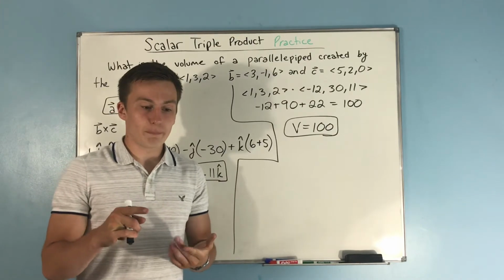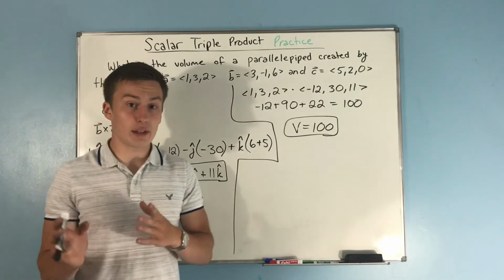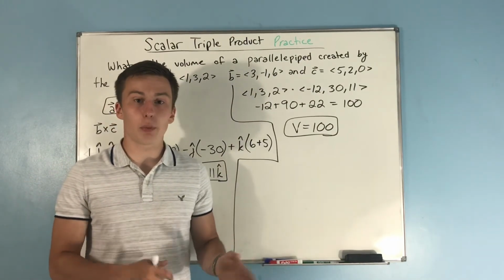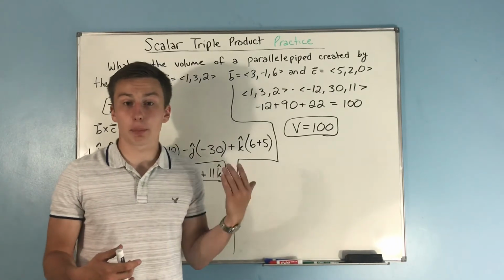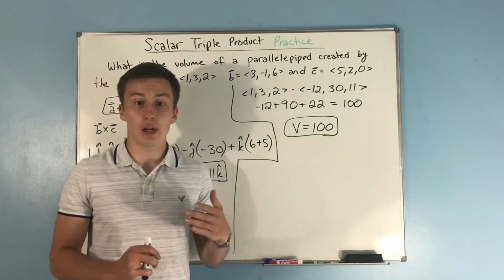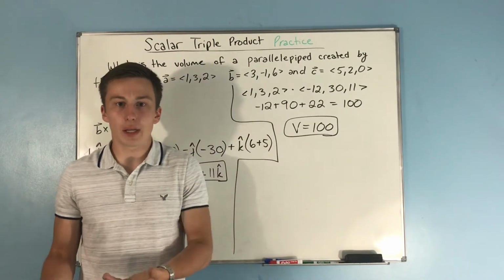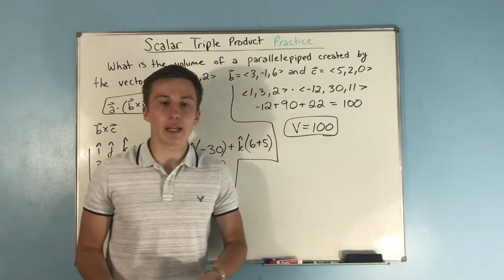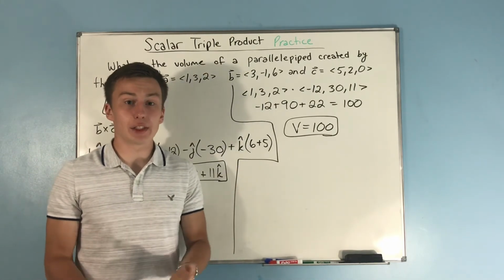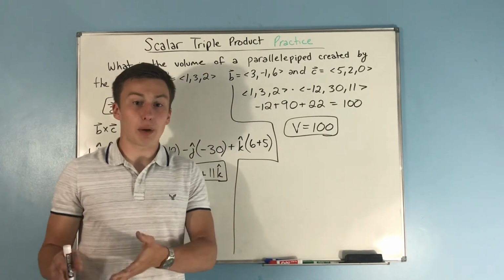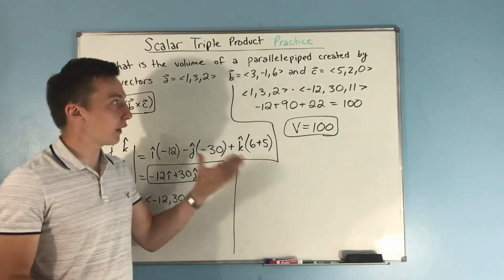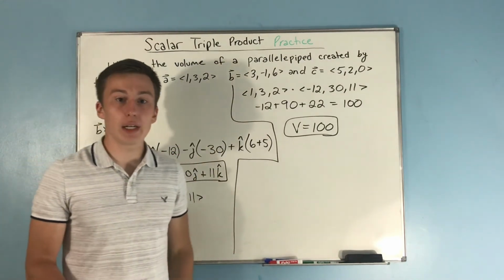So I think the coplanar problems are a little more important. Literally, it's just if the scalar triple product is 0. As long as you know how to find the scalar triple product, and you know that if it's 0 your vectors are coplanar, that's really it. That just has more applications, and I think that's why you'll see problems like that, rather than trying to find the volume of this random 3D object.